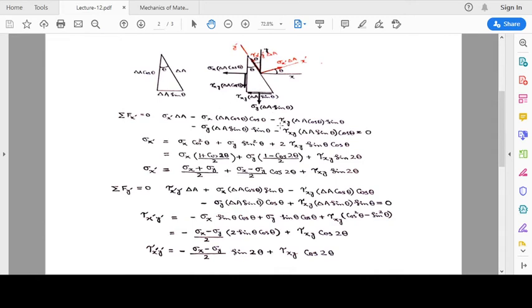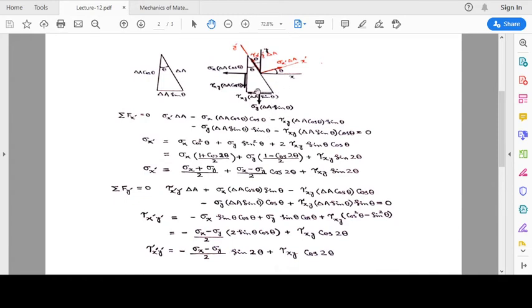One component is going to be in the negative y prime direction, the other in the negative x prime direction. So the x prime component is sigma y into delta A sine theta into sine theta.